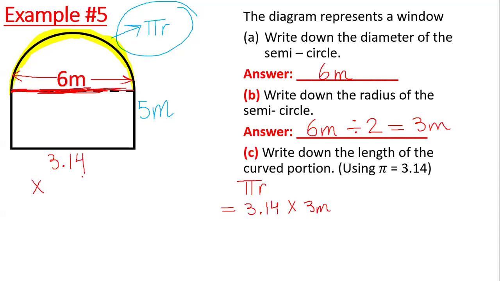That's going to be 3 times 4, which is 12. Put the 2 down, put the 1 up. 3 times 1, which is 3, plus 1 is 4. And 3 times 3, which is going to be 9. So it's going to be 9.42.